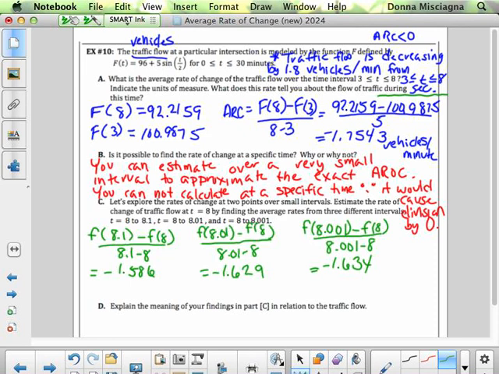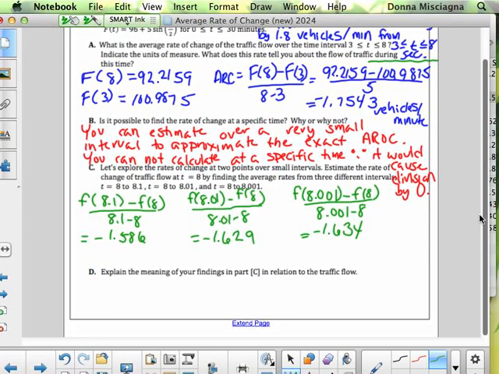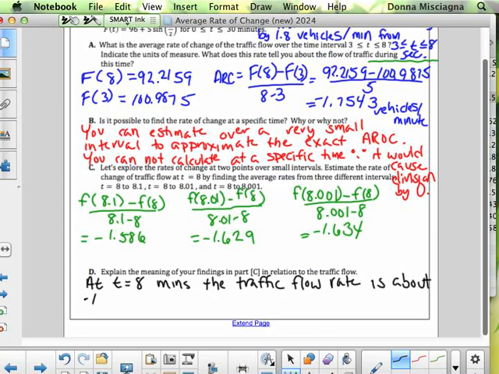Explain the meaning of your findings in Part C in relation to the traffic flow. At t equals 8 minutes, the traffic flow rate is about negative 1.63 vehicles per minute.